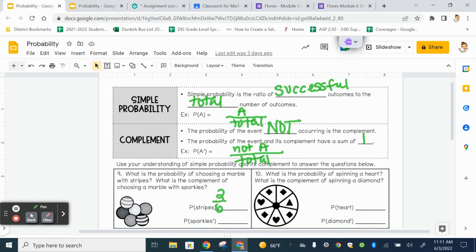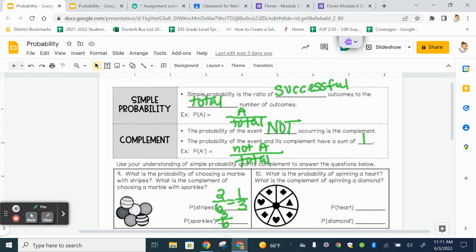So there's a 2 out of 6 chance, or we can simplify that and say it's a 1 out of a 3 chance. Now the sparkles, looks like I've got 1 with sparkles, 2 with sparkles, 3 with sparkles. I think this one is plain, so we're just going to say 3 sparkles, and our total is 6.